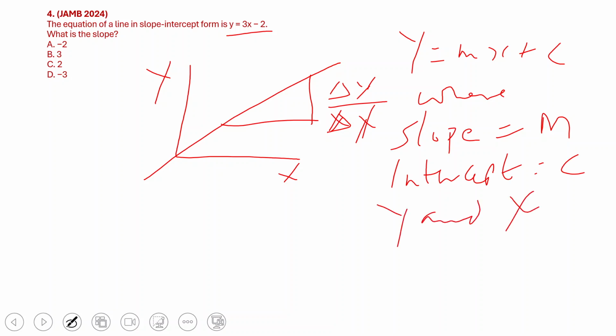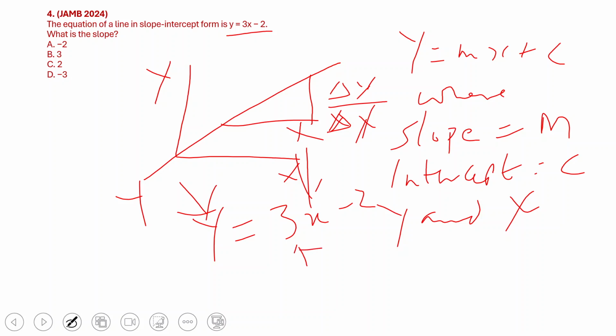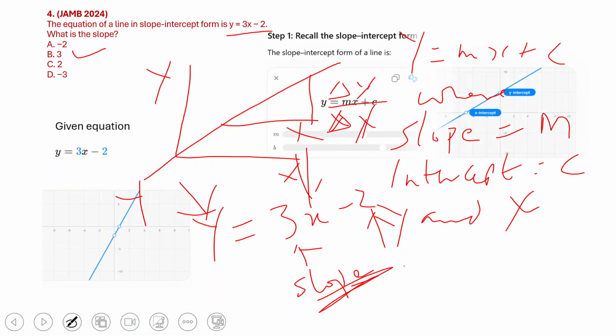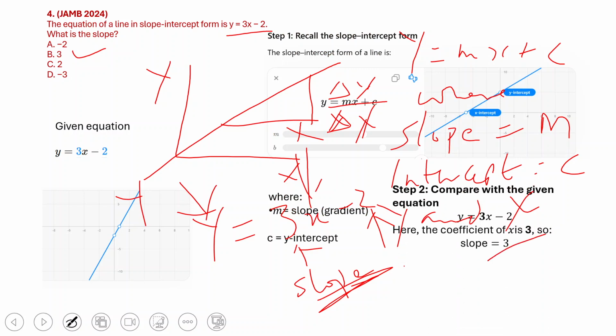So by direct comparison, if I have y equals 3x minus 2, this is my variable y, this is my variable x, this is the slope, the coefficient of the variable, and 2 is the intercept. So my slope is 3. Okay, I've actually done that on plain text. So the slope is 3, right? Okay.